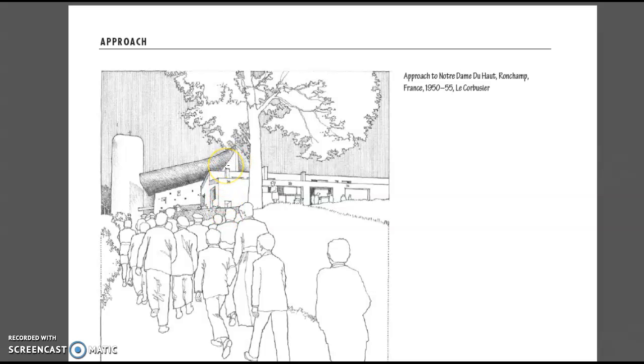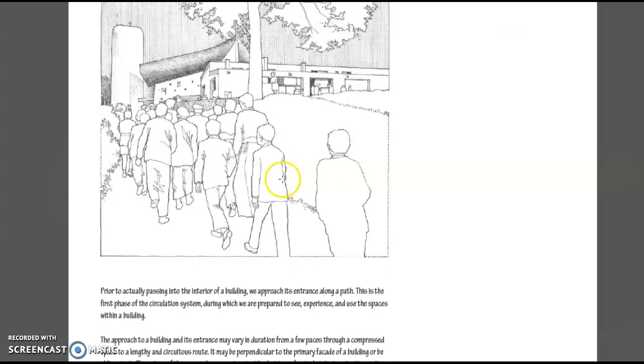That is how the architect Le Corbusier has designed this building, so that people experience the environment around the building, and when they move around it they are also viewing the built mass from all different angles in order to appreciate the beauty of the building. So they are appreciating each and every corner of the building, and then they are entering into it. That is what Corbusier thought while designing this building.